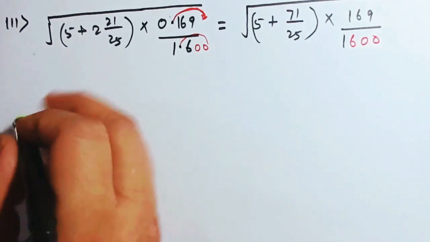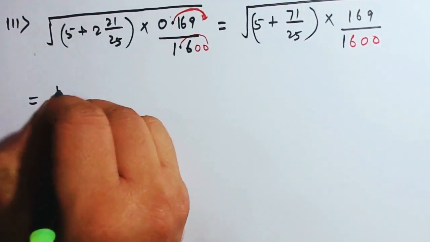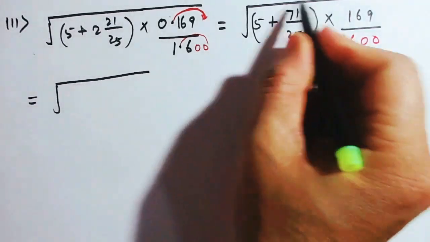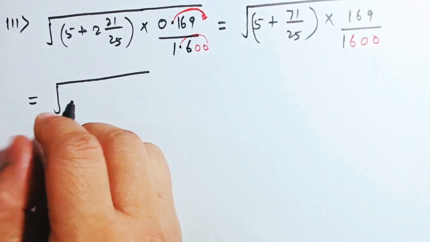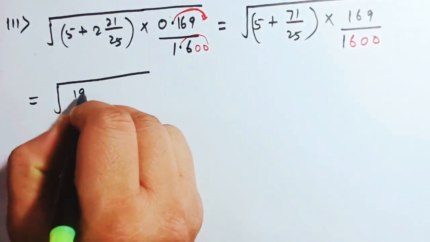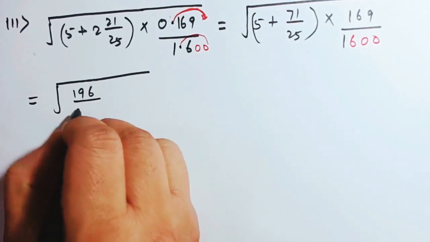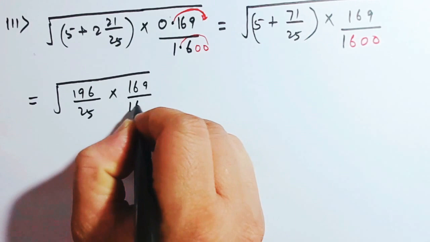Now I think that we are close to our solution. Again, we have not solved this bracket, and this will give you 196 by 25 into 169 by 1600.